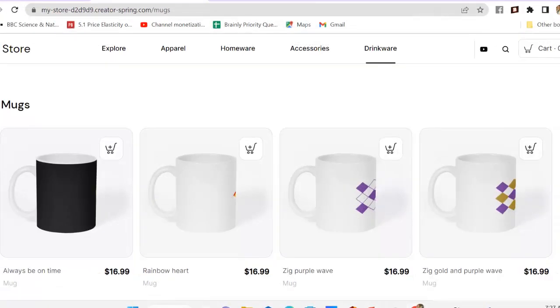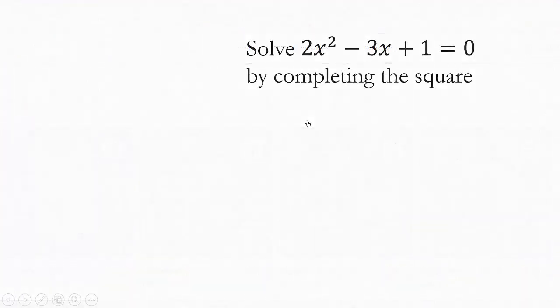So let us now progress with the completing the square method. With the completing the square method, you first have to move the c here to the other side of the equation.